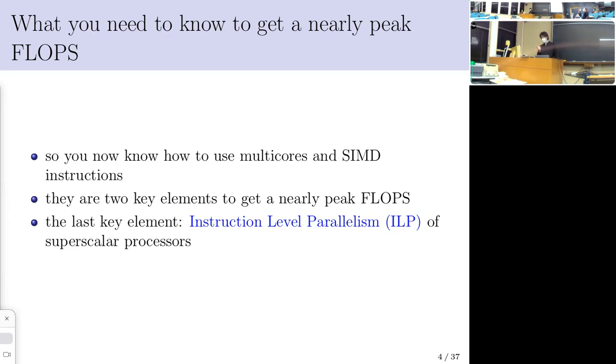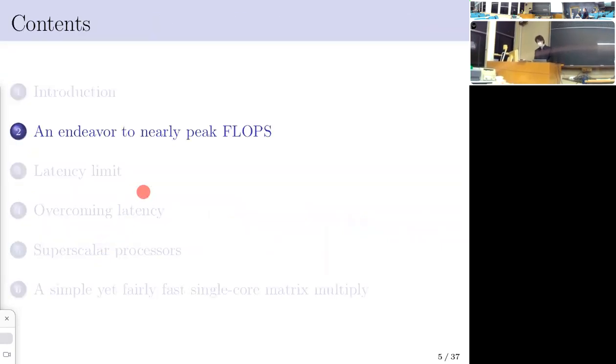And actually, the answer in a way depends, but most often the answer is no. So you need to learn one more piece. The last key, important element you want to learn is something called instruction level parallelism of superscalar or out of order processors. So this is what this segment is about.